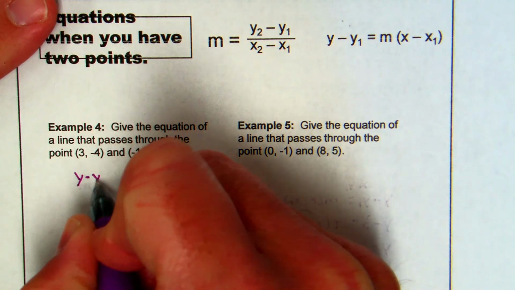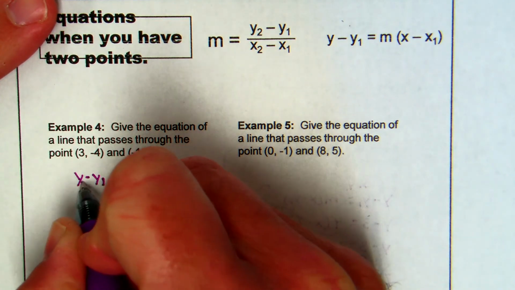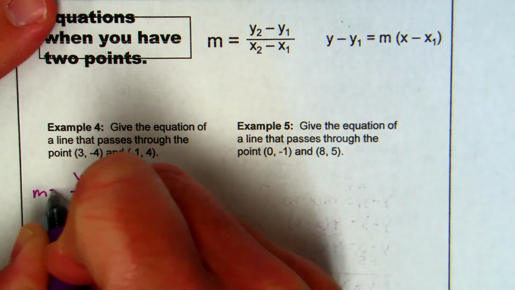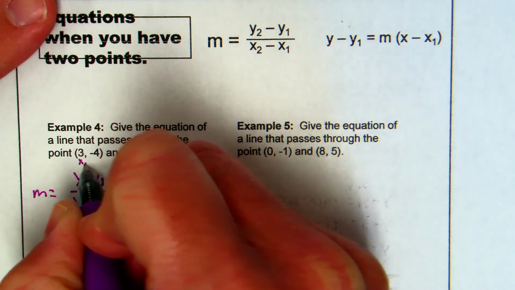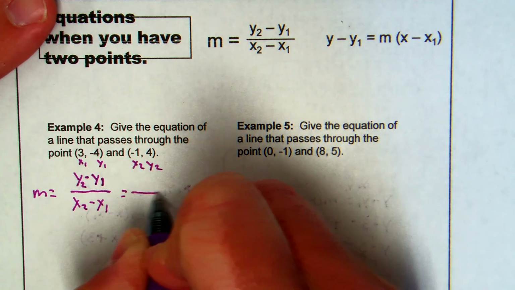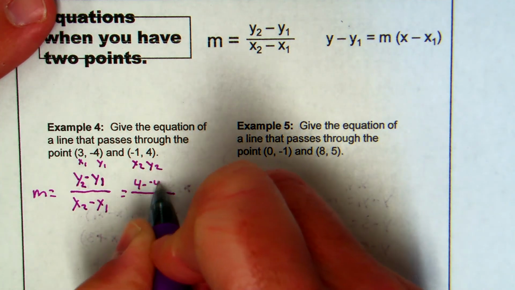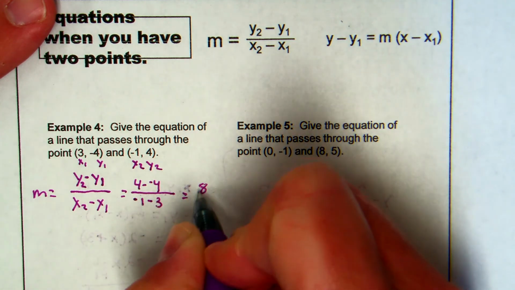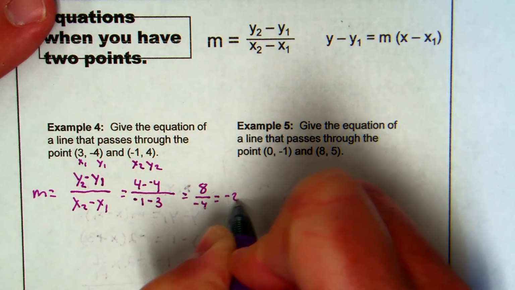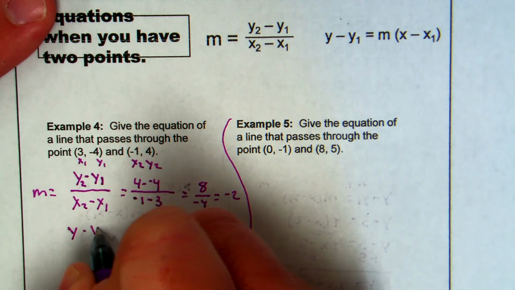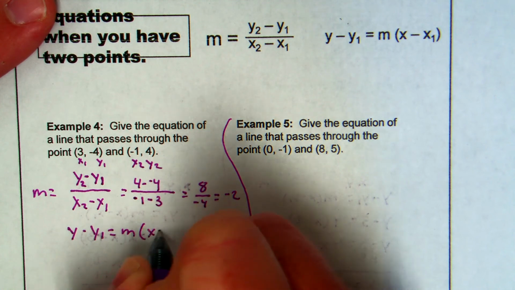y2 minus y1 over x2 minus x1 is how I get my slope. It doesn't matter which of these is 1 and 2. I usually just label them in order. This is 4 minus negative 4 over negative 1 minus 3, giving me 8 over negative 4, which is negative 2. y minus y1 equals m times x minus x1.